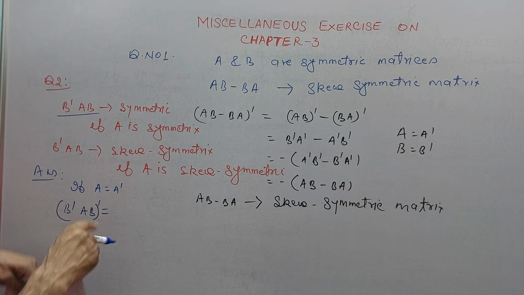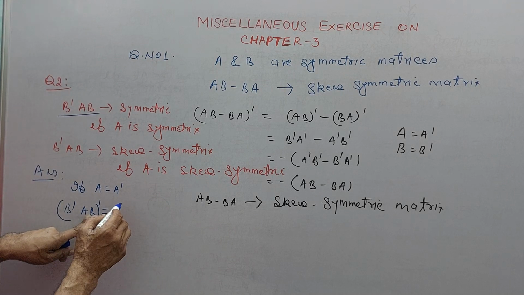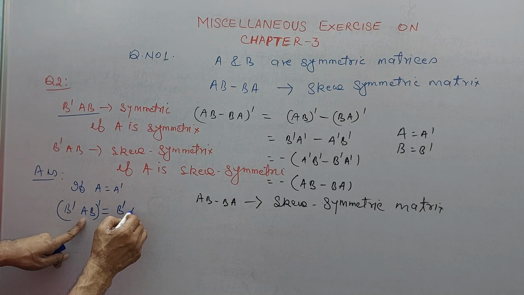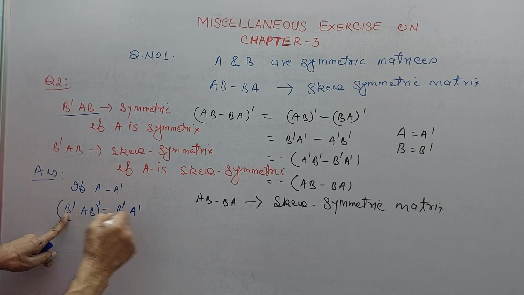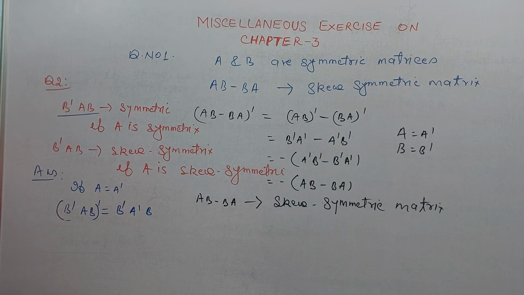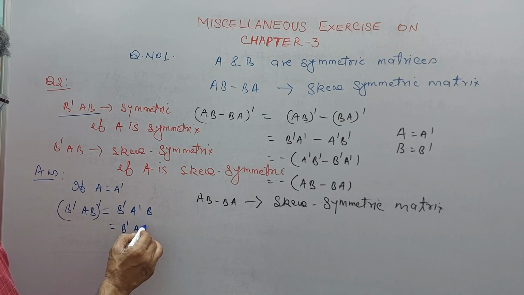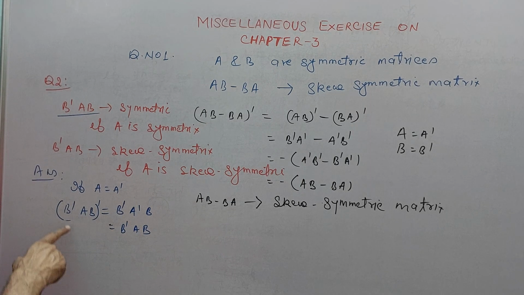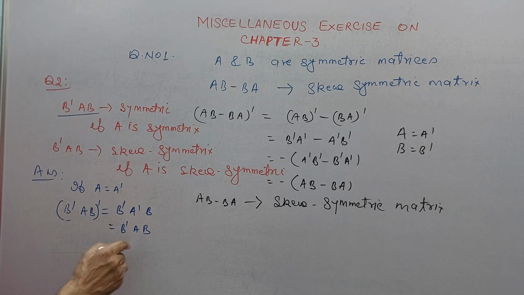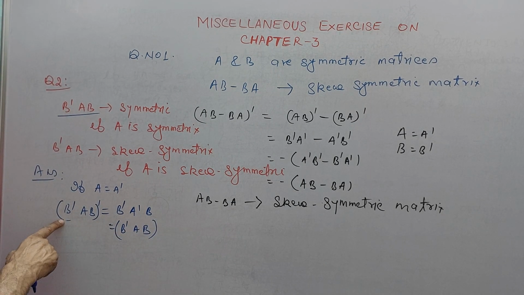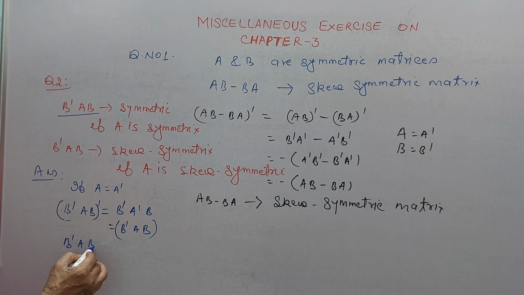First take the transpose of B, then transpose of A, then the double transpose of B will be B. According to the question, transpose of A is A. Now this becomes B transpose AB. So we have proved that the transpose of this matrix again comes out the same. It means that B transpose AB will be a symmetric matrix.